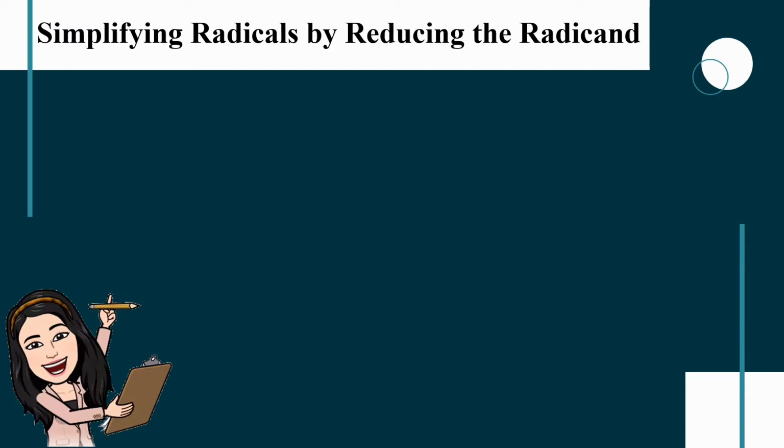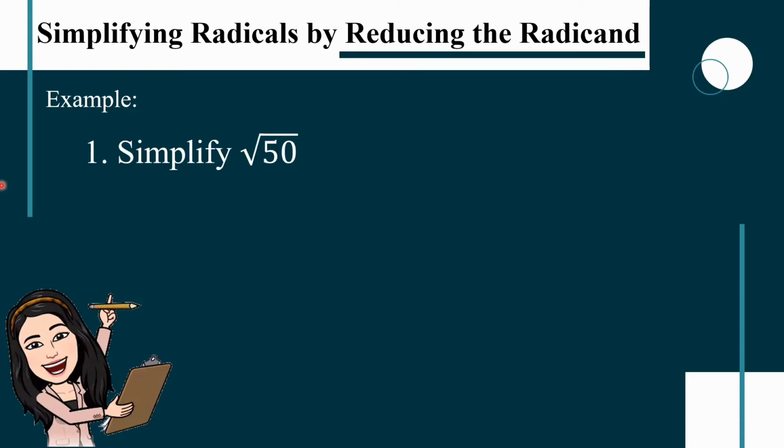Now, let us start simplifying radicals by reducing the radicand. Okay? Unahin muna natin yung pagre-reduce ng radicand. So, let us have this example. Our given expression is simplify square root of 50. If you notice, we have here a radicand which is 50.